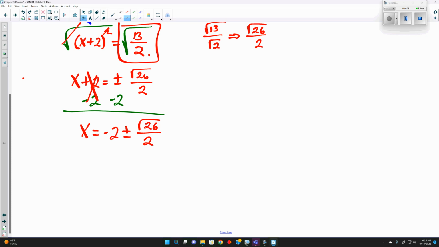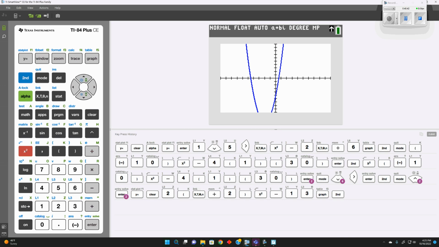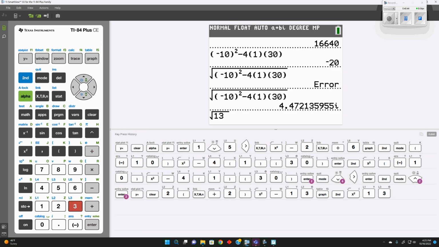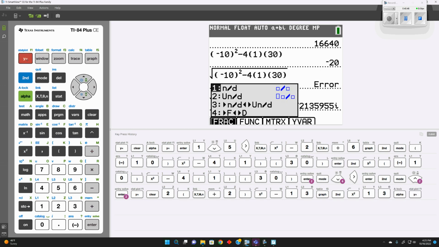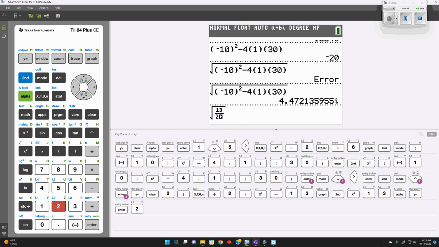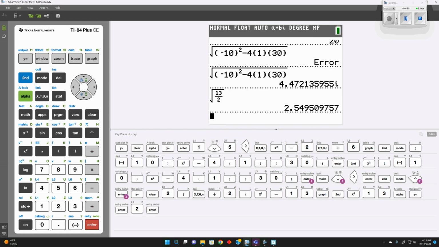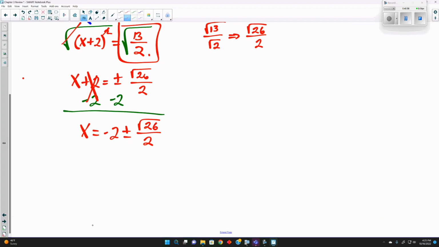Because again, we could have typed it into the calculator as second square root of 13 alpha y equals enter over 2 and gotten this here, 2.549 going on. But if we turned it into that decimal, we would have had to have said x is equal to -2 plus that decimal number and gotten the answer.